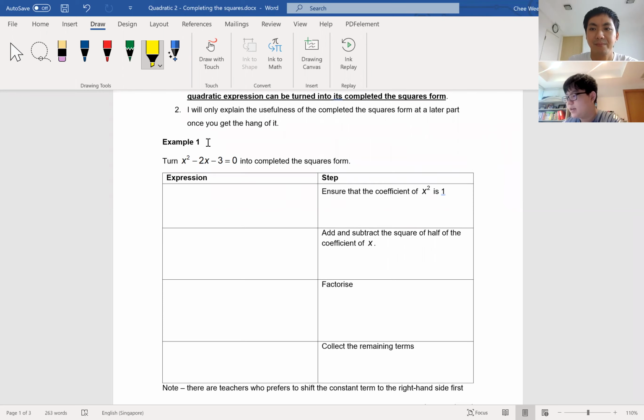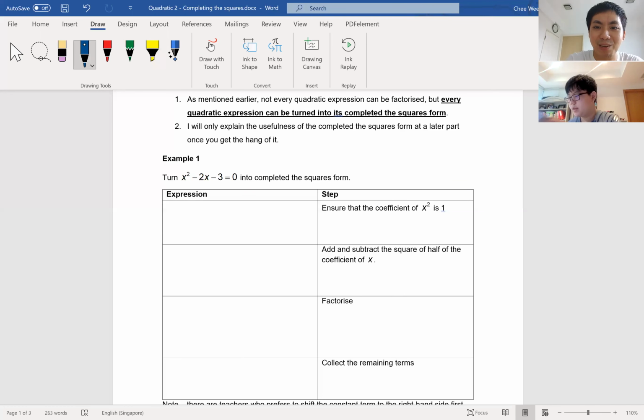Can I write this down? So he will do this: x squared minus 2x is equal to 3, then plus 4 on both sides. Oh, no. What we did was x squared minus 2x, and we would put it in brackets: x squared minus 2x plus 4 minus 4, bracket close, minus 3 is equal to 0.